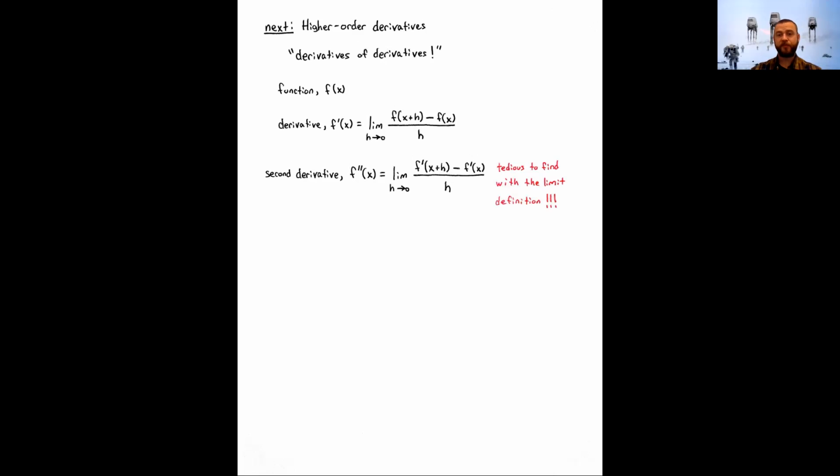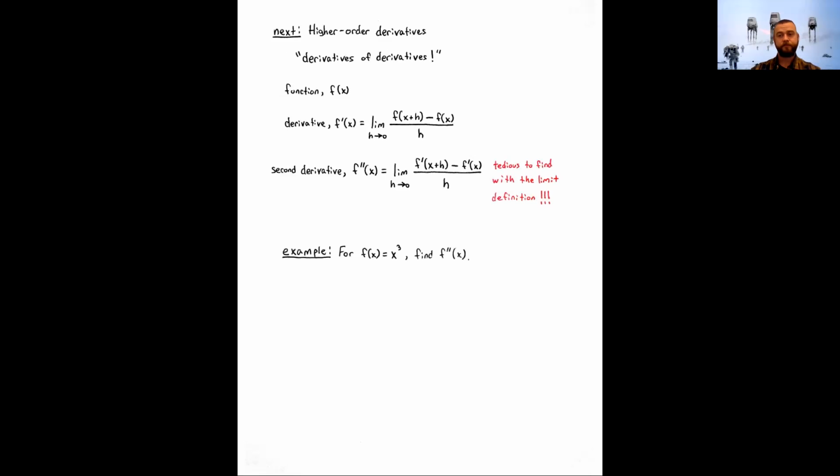Now, I'm not going to spend too much time on this. Honestly, it's not important, in my opinion, to go into detail. Currently, we don't have access to any differentiation rules yet. We only have the tedious limit definition. But I would like you to try one example. So if you want, pause.